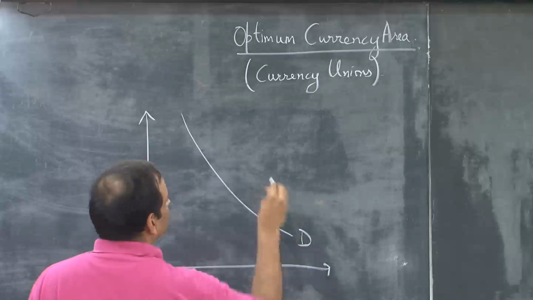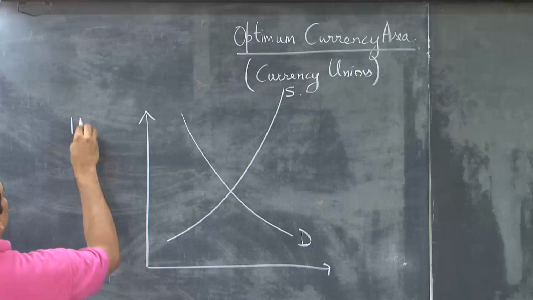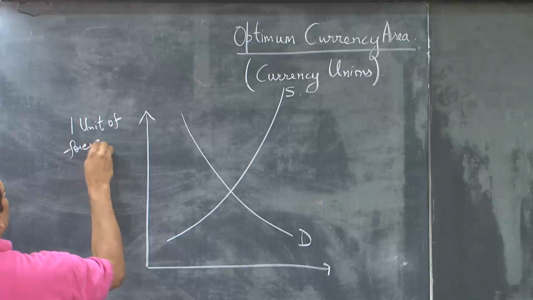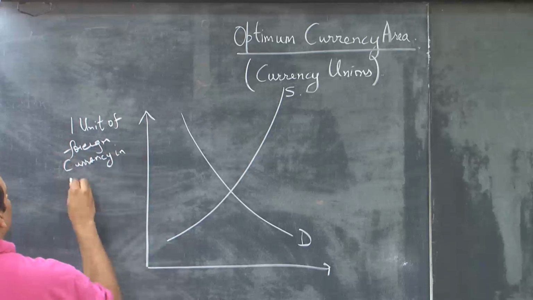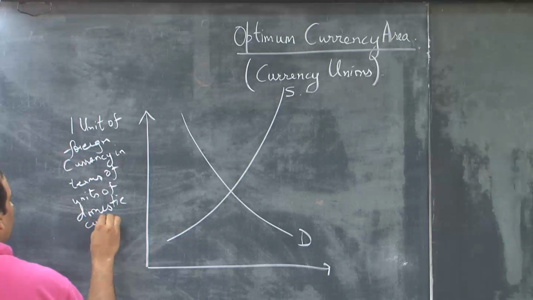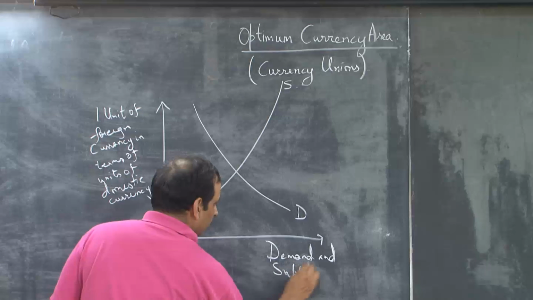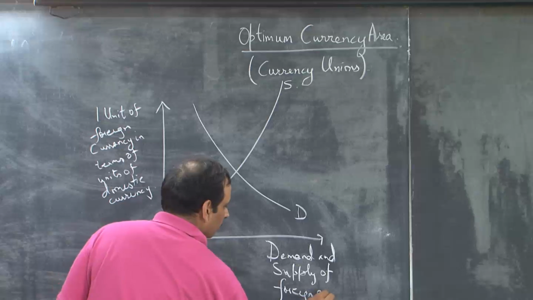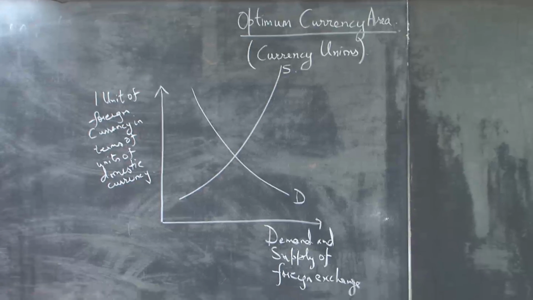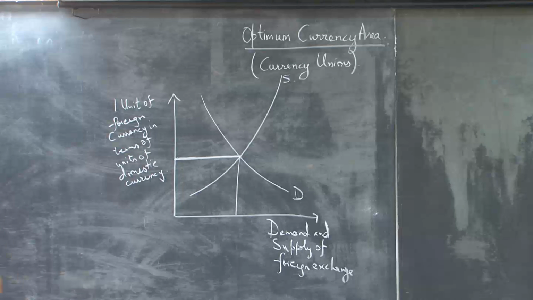So if you have the demand curve and the supply curve of foreign exchange, in the currency unions each country would peg its currency to this common currency.